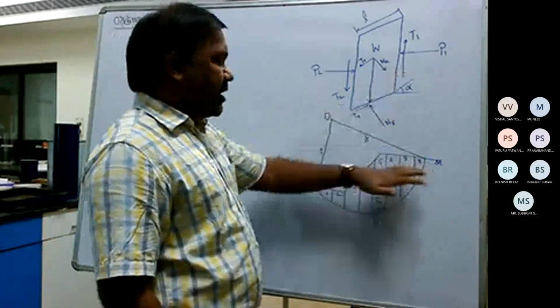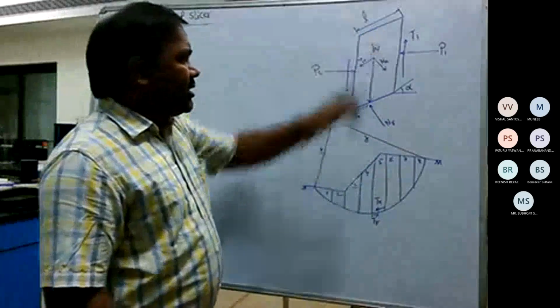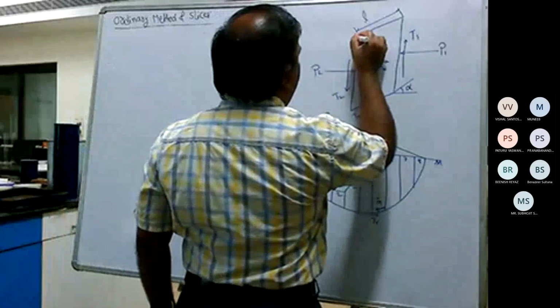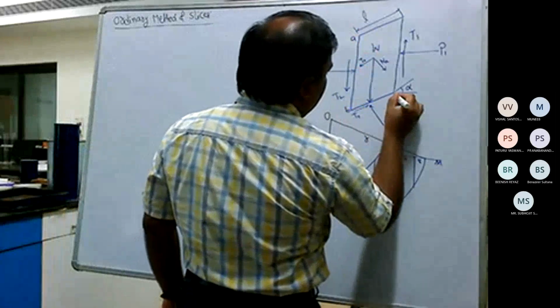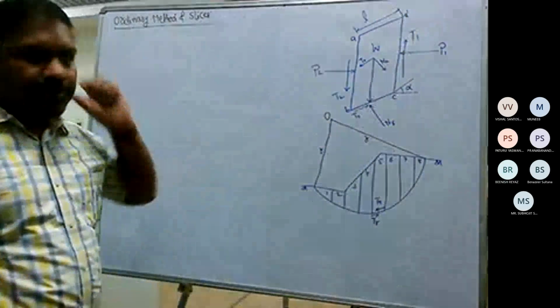You can take any slice among these 8, there is no problem. This is the free body diagram of a slice ABCD.